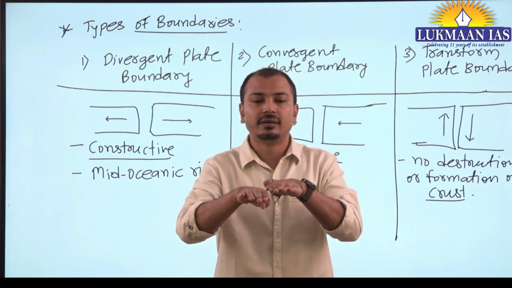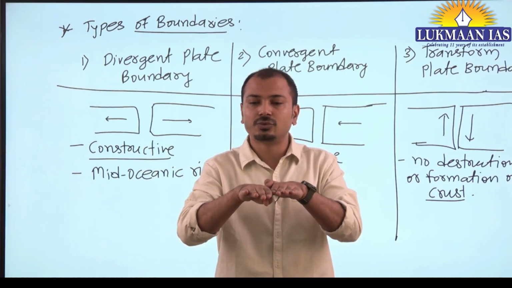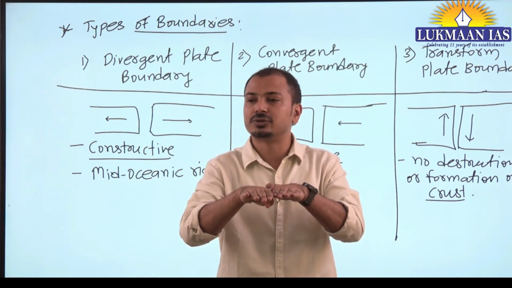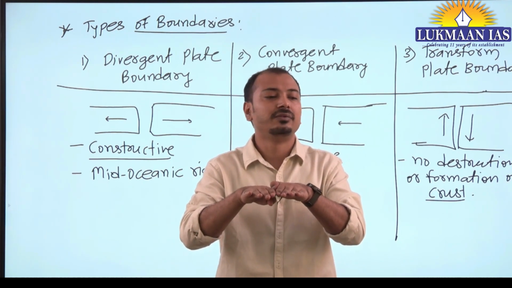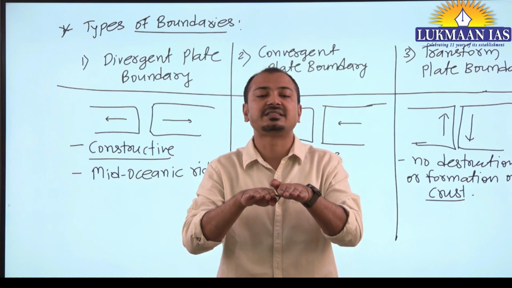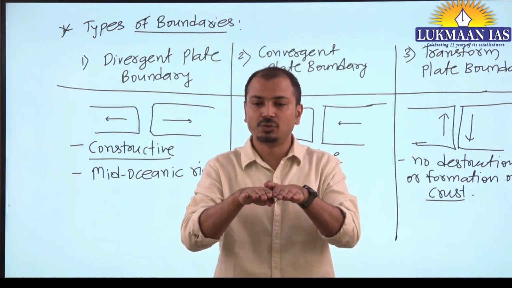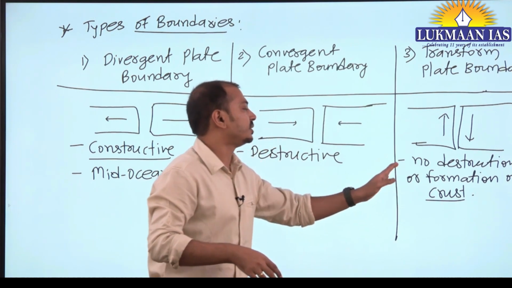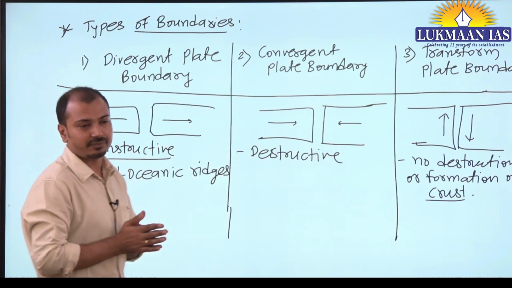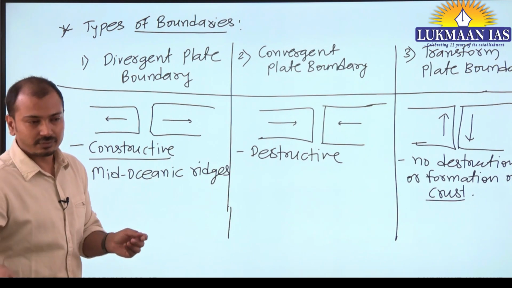See here. So nothing is breaking, nothing new is forming. So basically they are just moving past each other. It is not resulting in construction or destruction activity in transform.